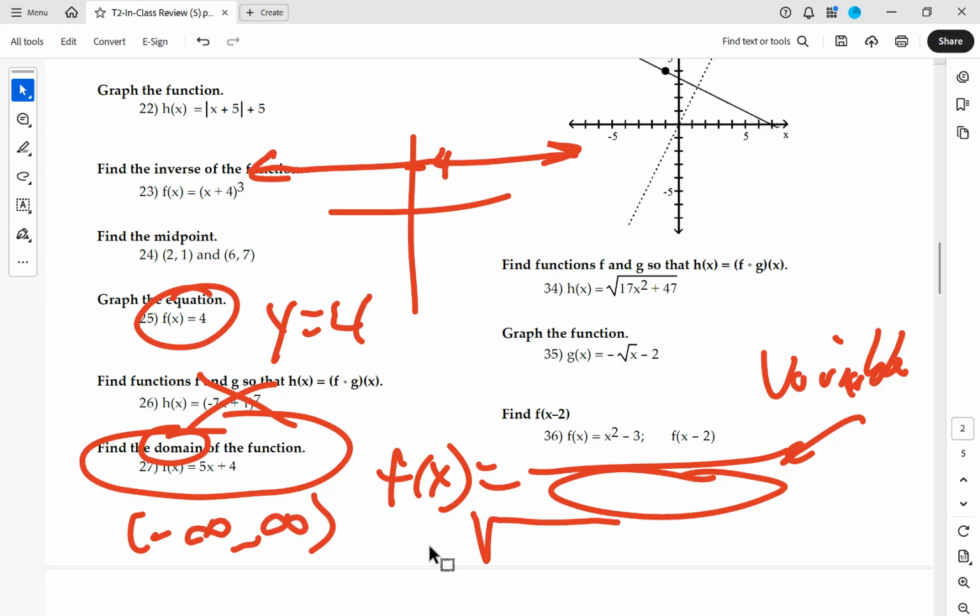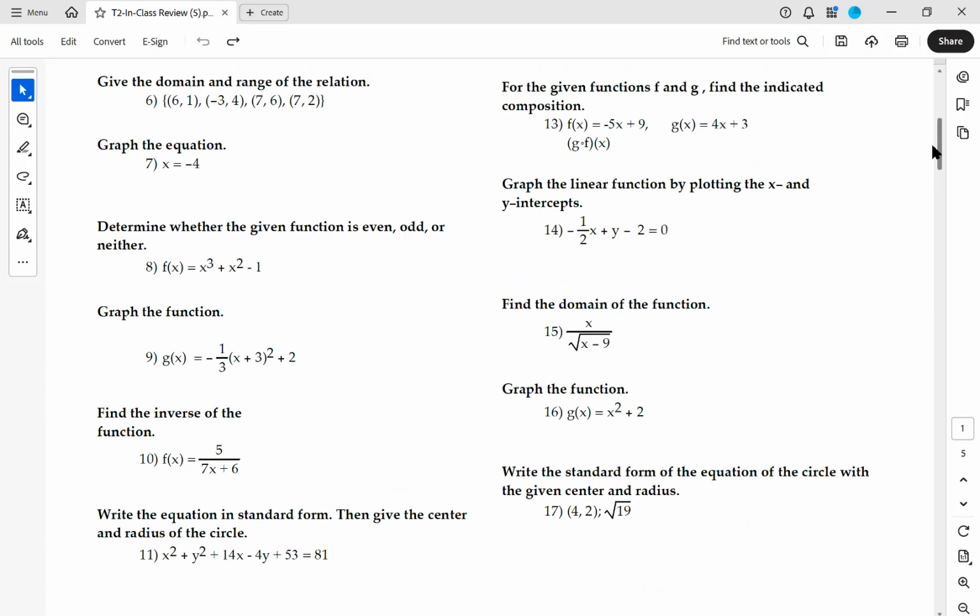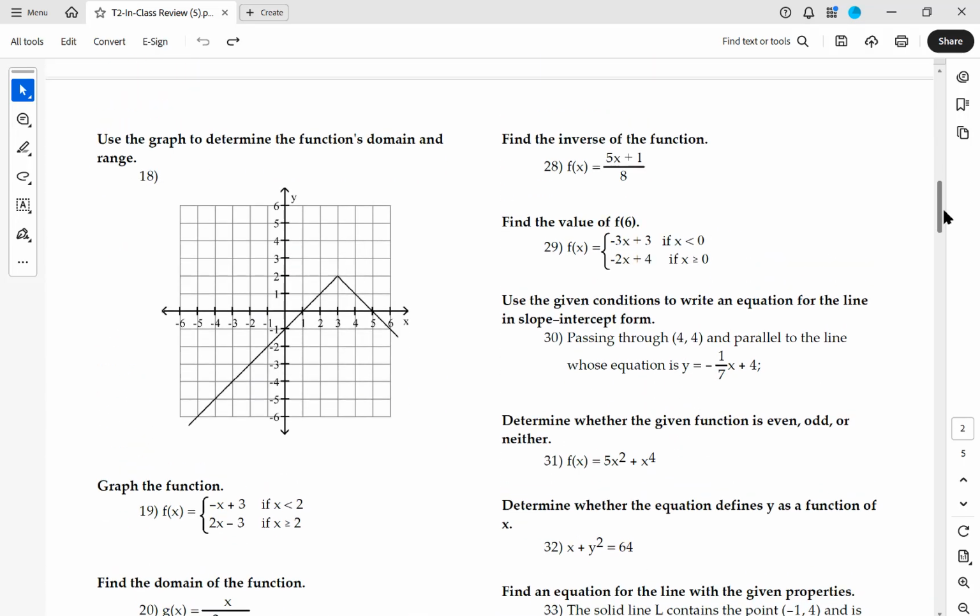I hope you know why, but basically that's the simplest way to say it. If you don't have a fraction with the variable in the denominator, and you also don't have a radical, your domain is that, which is also called all real numbers. So that's what we have in that particular situation.